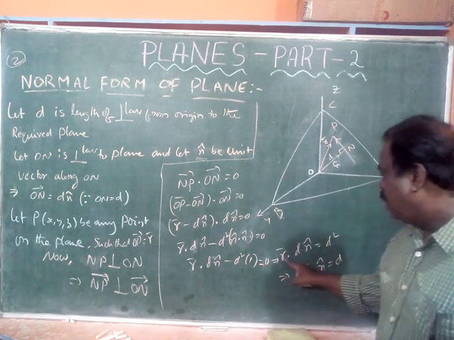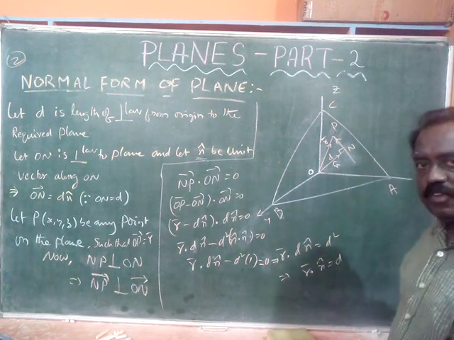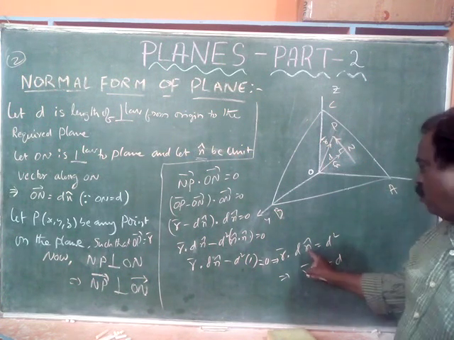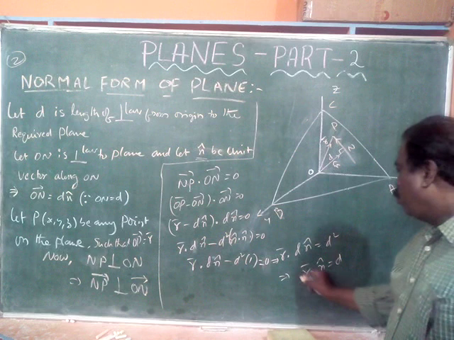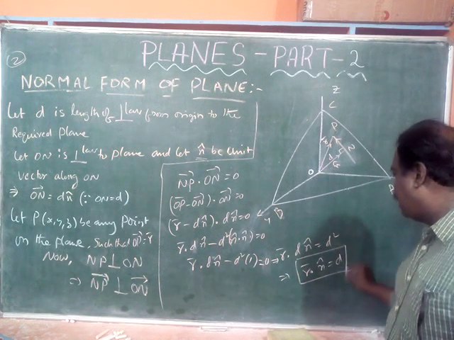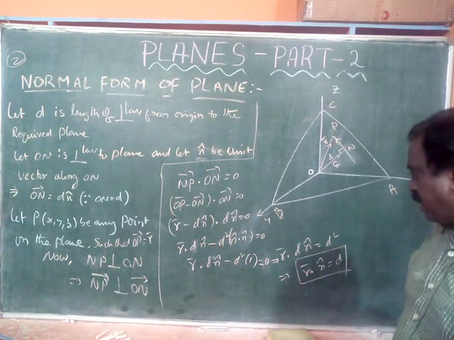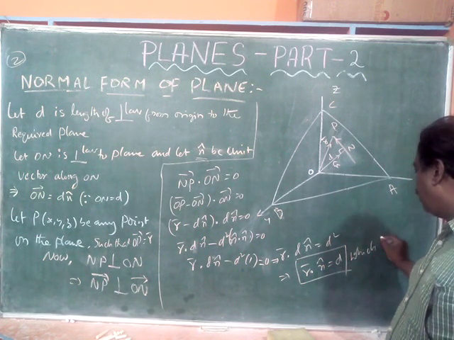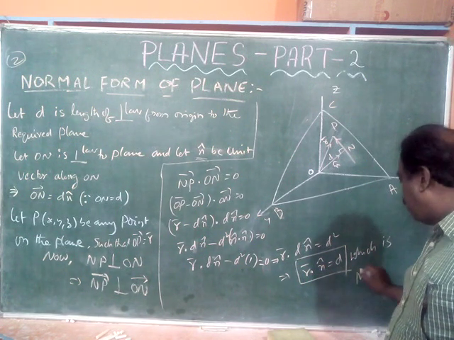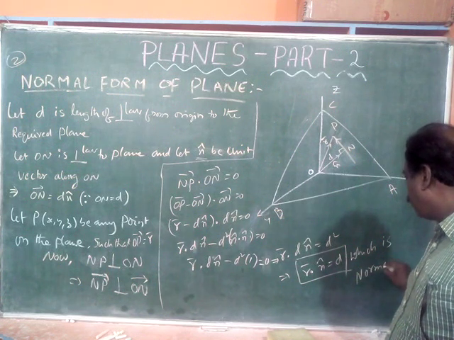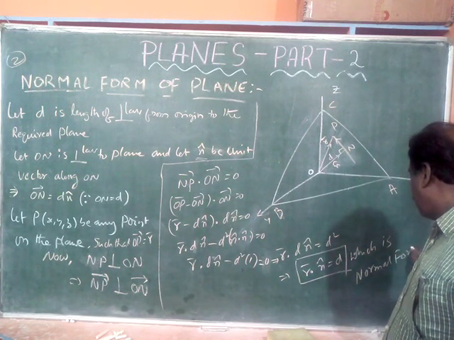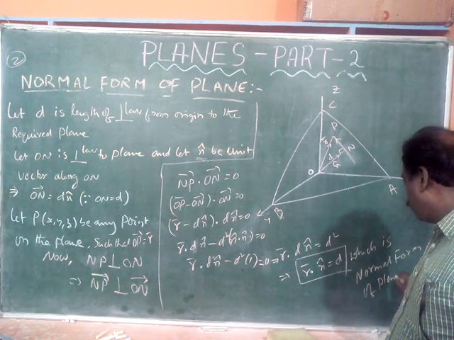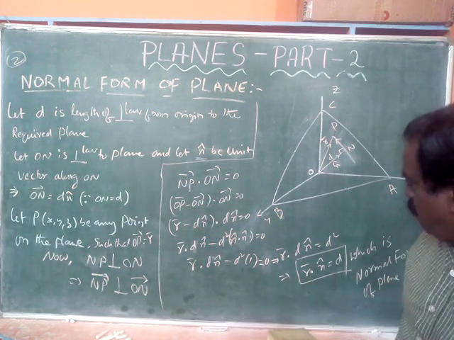D square is there on both sides. Numbers, they are scalars, constants. So it cancels. So R bar dot n cap is equal to D. You see, this is the normal form of plane.